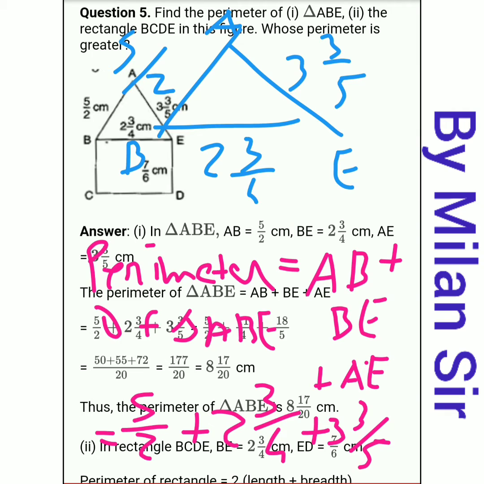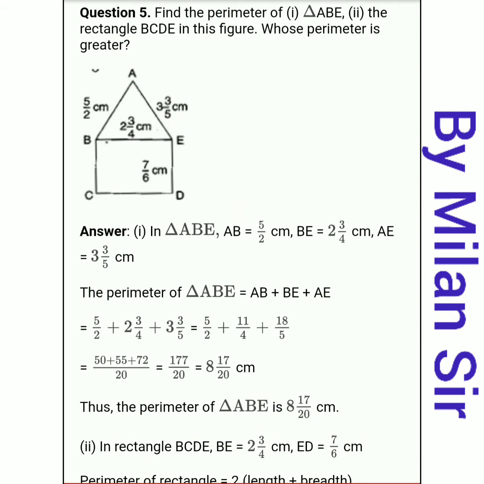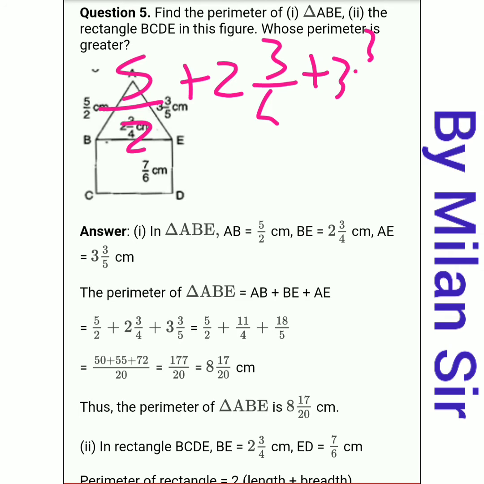Now we need to simplify this. Again our perimeter is equal to 5 by 2 plus 2 integer 3 by 4 plus 3 integer 3 by 5. Here first of all 5 by 2 as it is. Now convert the mixed fractions into improper fractions.